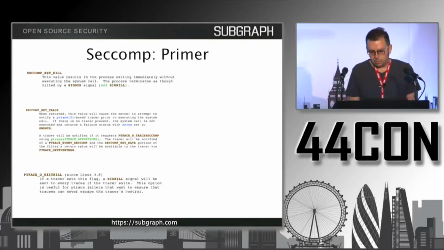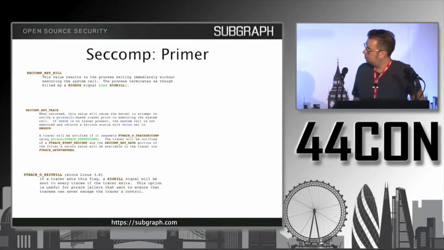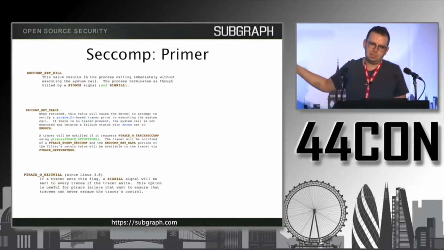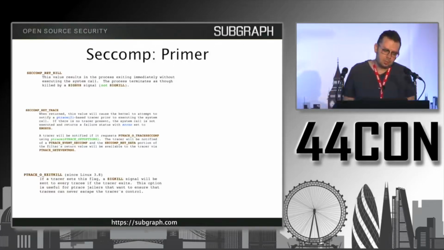So, a quick primer on seccomp and seccomp BPF. When a match is made by the BPF policy filter evaluator, you can do these things. You can just tell the kernel to kill the process. You can tell the kernel to notify an attached tracer. That's how our profiler works, by the way. It uses ptrace.